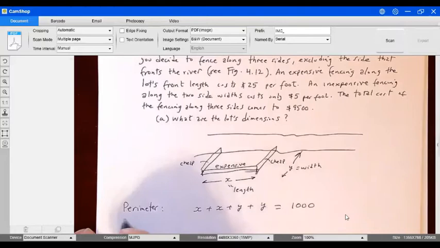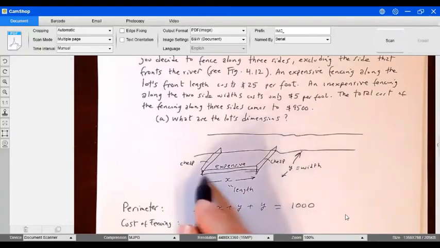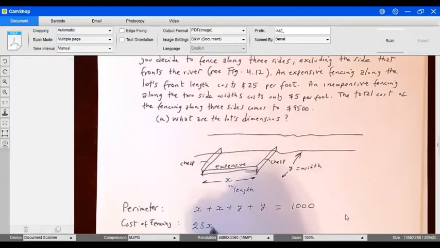Now we're going to write an equation for the cost of fencing. You know that the expensive fencing is $25 per foot, so we need to multiply this length by $25. So it's going to be 25x, which is the cost of the fence for the front of the lot.